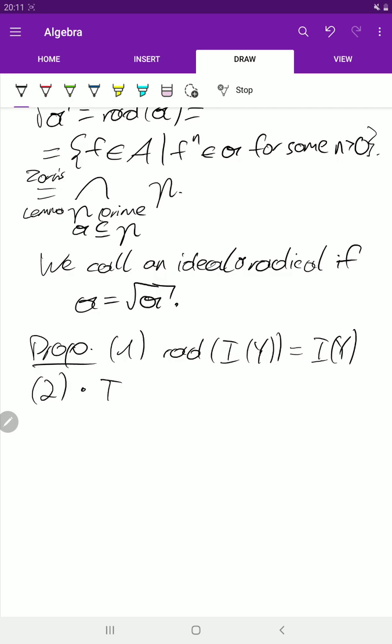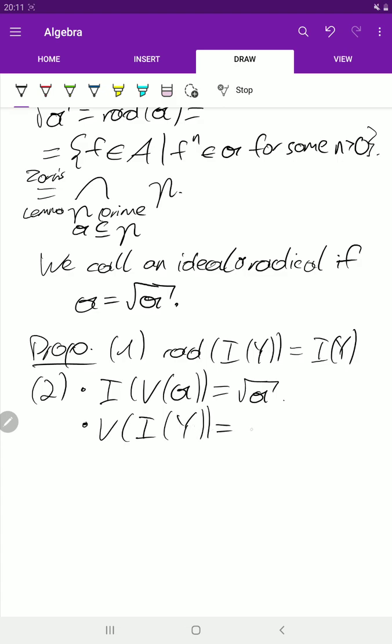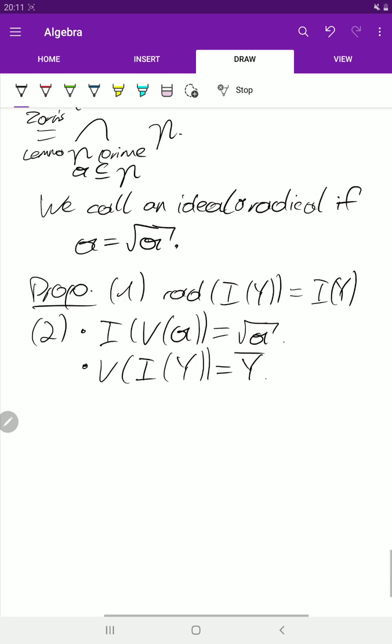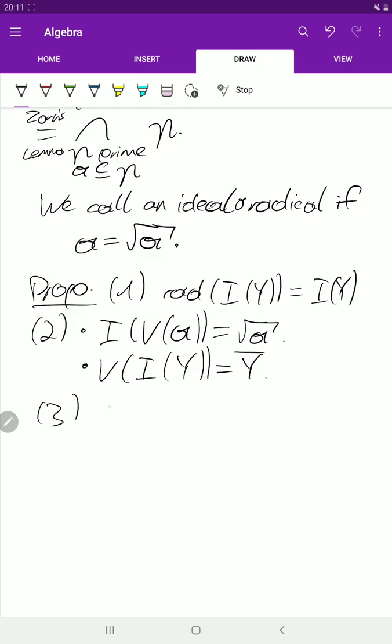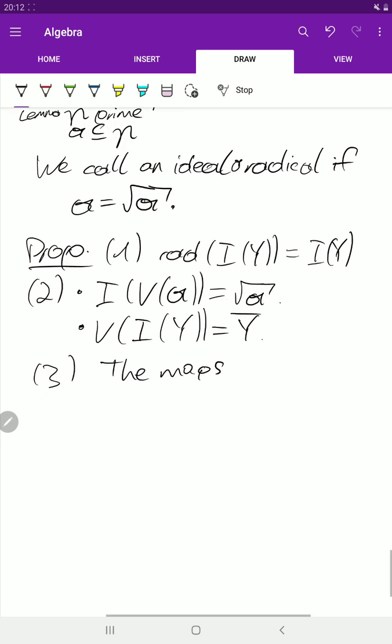The next thing we'll see is that if we take the ideal of the vanishing of A, this is equal to the radical of A. And furthermore, that if we do it the other way round, then we get the closure in the spectrum of A.